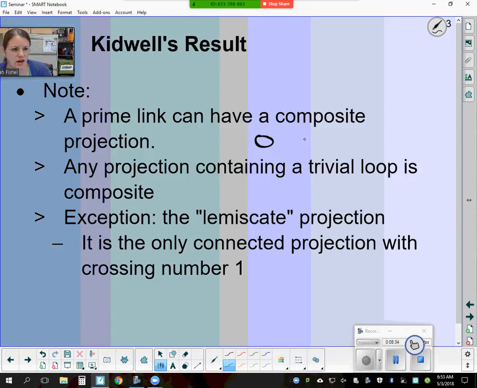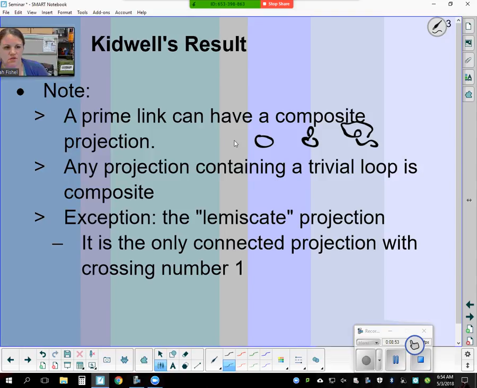So if we add maybe a Reidemeister 1 in there, if we're bending or looping it or adding any crossing in it, and of course you could do that multiple times, it would still be the unknot. If it has a composite projection, then the link, even if prime, would be composite. Any projection containing a trivial loop, therefore, is composite.